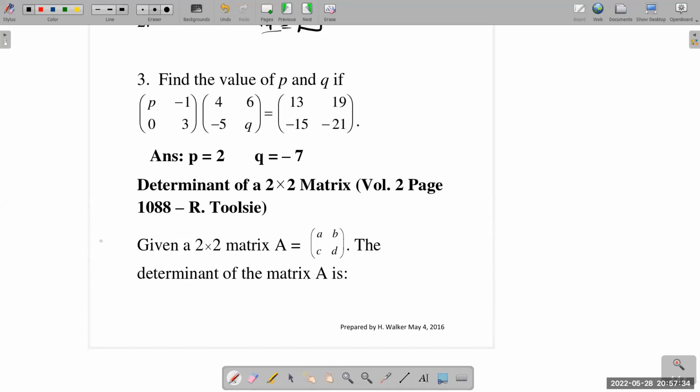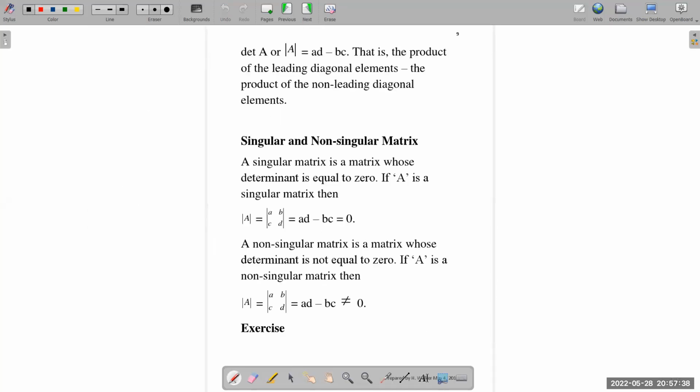All right, so we're gonna keep it moving. Determinant, extremely important in matrices. So let's move on to determinant. We should know the determinant could be represented by determinant A or 2 lines. This means determinant of A, and this has a formula, AD minus BC, right?